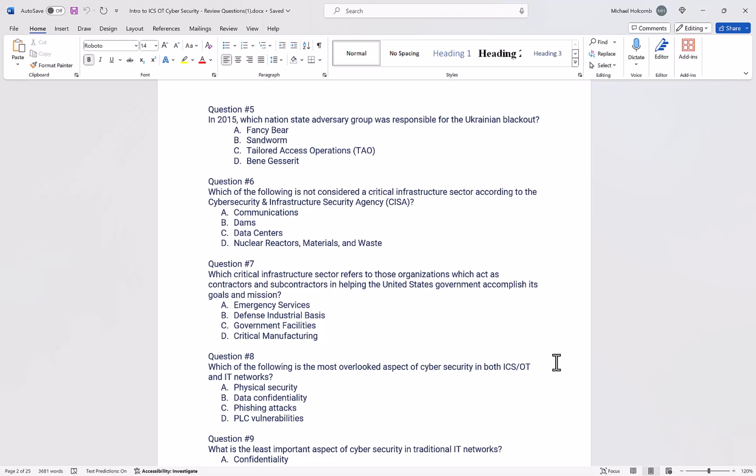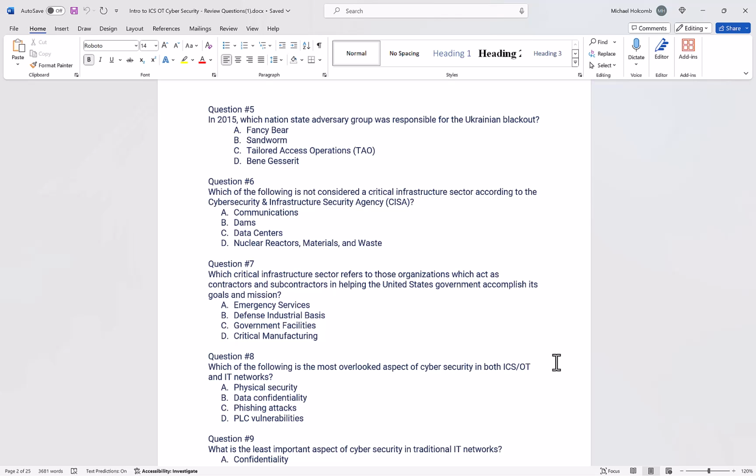Remember, if you haven't read Andy Greenberg's book yet, for me, it's the best book you can read if you're interested in ICS OT cybersecurity, because you get this background in history, and while it's not 100% dedicated to ICS OT, it really does set that stage and provide this global view and why we need people in ICS OT cybersecurity. So number 5 is B, Sandworm.